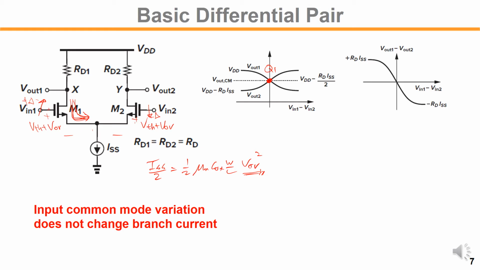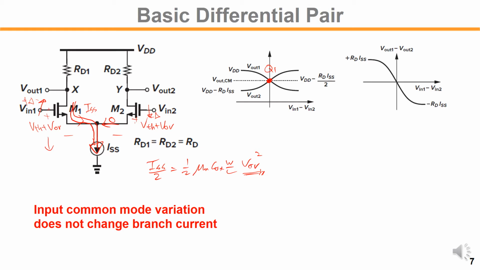Now you can imagine at a certain point all the current ISS will flow through only M1, and the right hand side has no current. Under what condition?